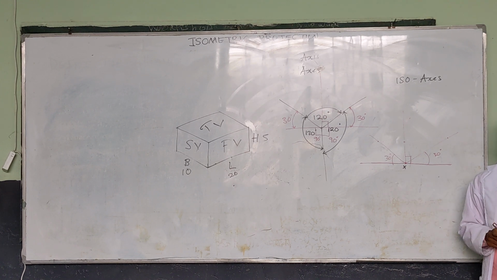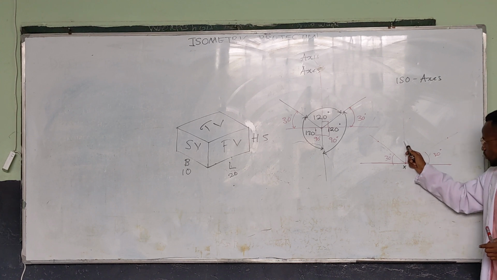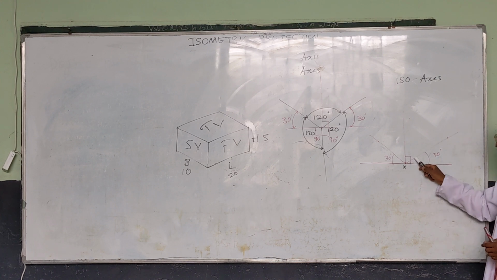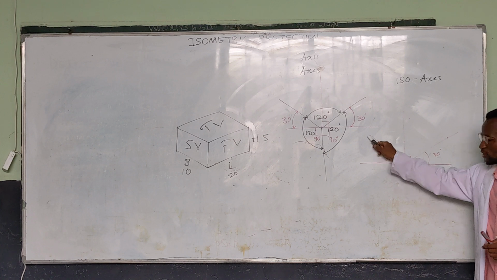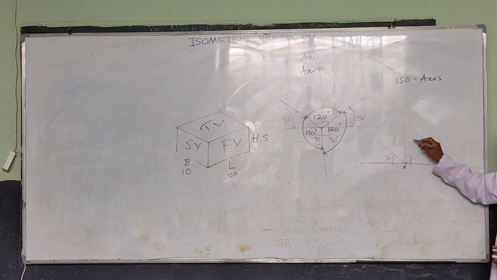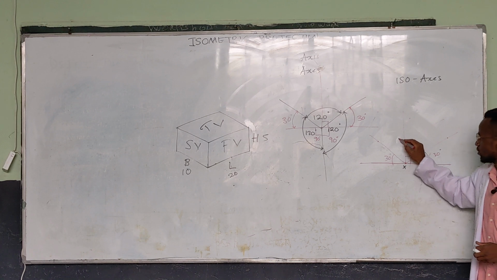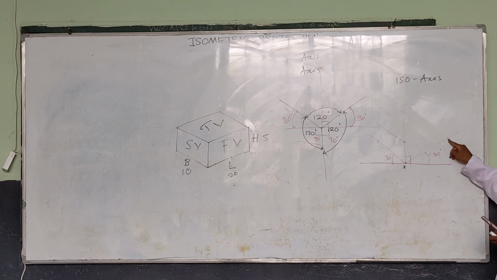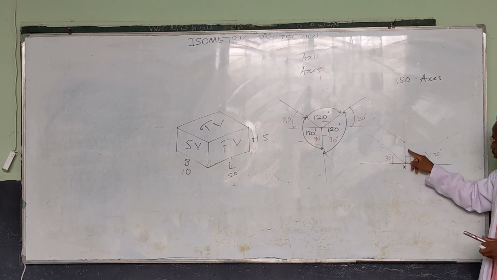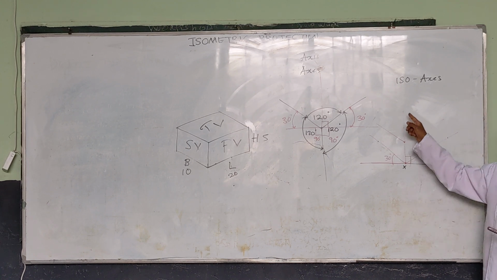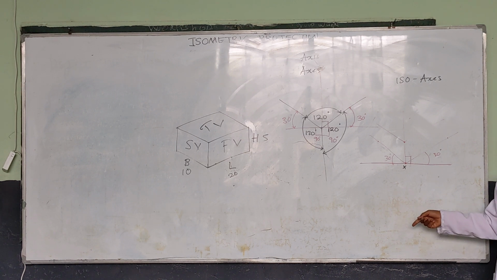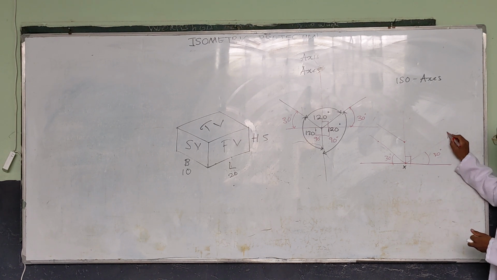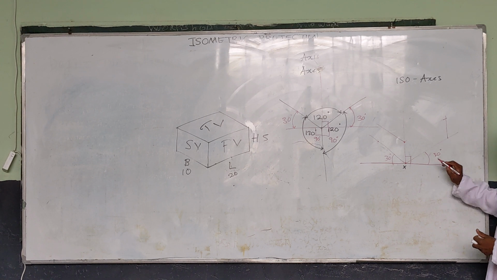Listen. At this point, you want to draw a line that is parallel to this one and a line that is parallel to this one from the same point. So you come here, you draw that, you come here, you draw that. At this point and at that point, you draw a line that is parallel to this one, which will represent the height, right? So these have to meet there.